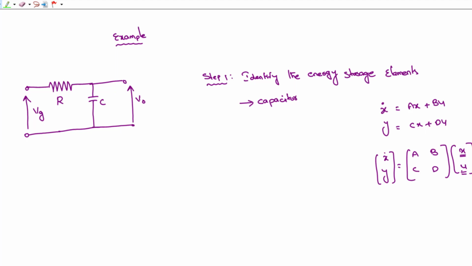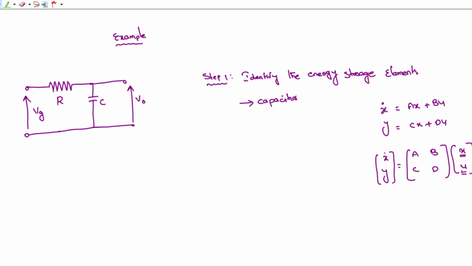Now that state variable, how do we identify it? Whenever an integration function exists, we identify that as the state variable. U is the input, whatever input we are giving.